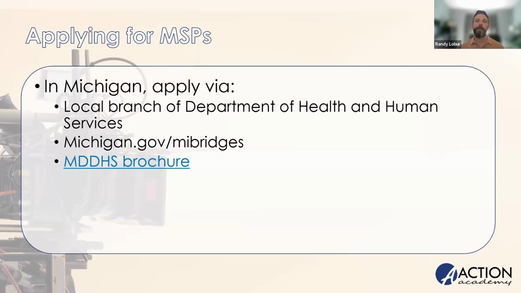So if you have someone that might be on the edge and they don't know whether they should apply for an MSP, the worst that happens is the state says no, you're not eligible. If someone is on the borderline, leave it up to the state. Let them check income and assets and see if your beneficiary can get that much extra help, which they might need if they're close to the thresholds.